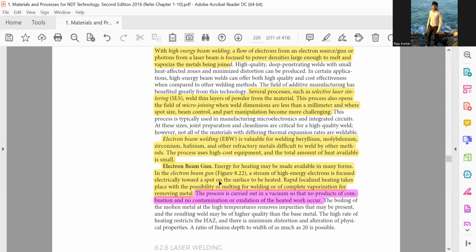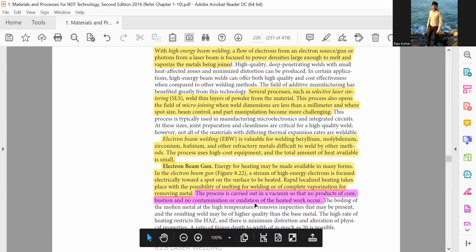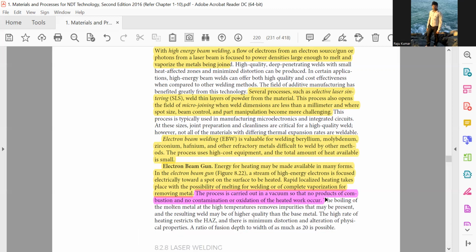Rapid localized heating takes place with the possibility of melting or welding, or of complete vaporization for removal of metal. The process is carried out in vacuum so that no products of combustion and no contamination or oxidation of the heated work occur. It needs vacuum for electron beam welding.